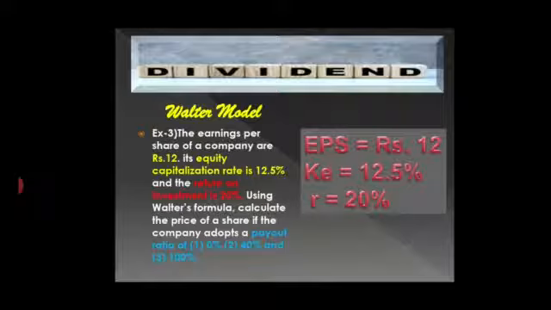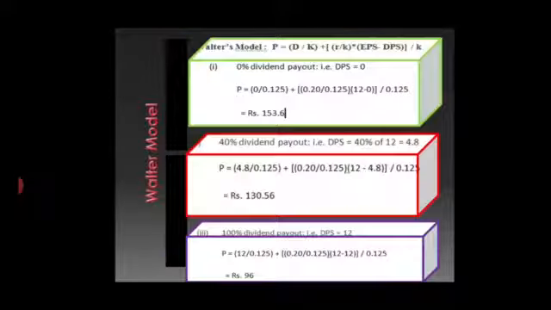One time payout is 0%, then second time payout is 40%, and then 100%. This means you have to calculate the P value at 0%, 40% and 100% payout. EPS 12, K is equal to 12.5 and R is equal to 20%.